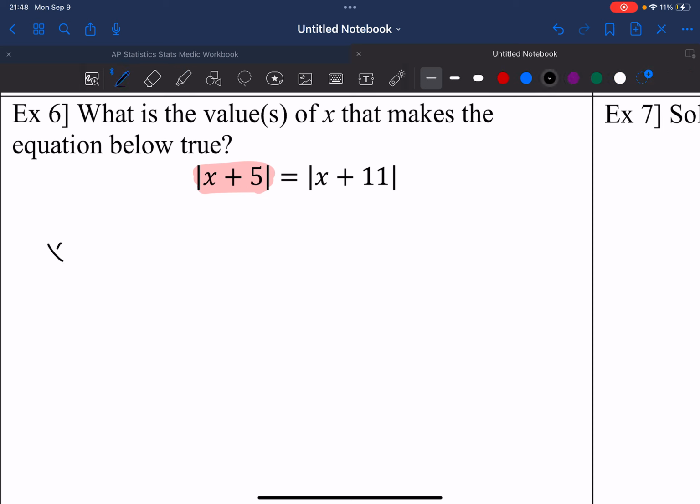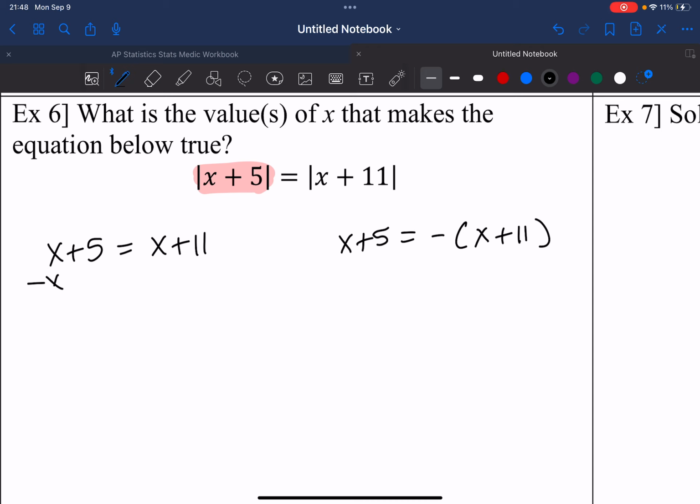So I have x plus 5 is equal to x plus 11, and then x plus 5 is equal to negative x plus 11. Okay, notice again how when I made the other side negative, I put the entire expression in parentheses because that whole thing is negative, not just the first term. Okay, then I'm going to solve for x.